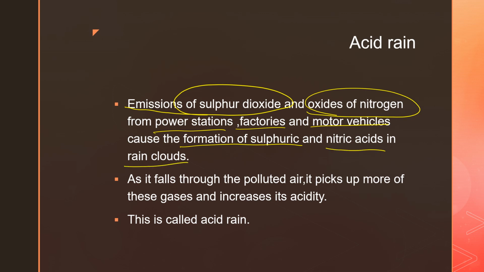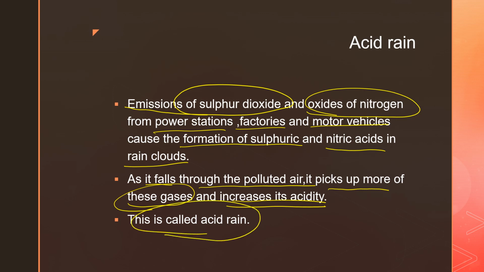As the rain falls through the polluted air, it picks up more of these polluted gases and its acidity increases. This is how acid rain is formed, and it causes discoloration of buildings and obviously destroys the forests also.